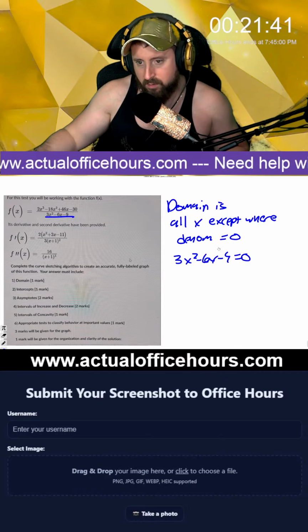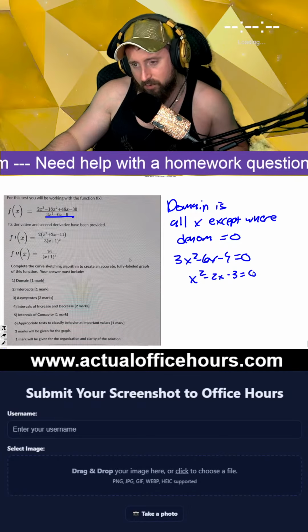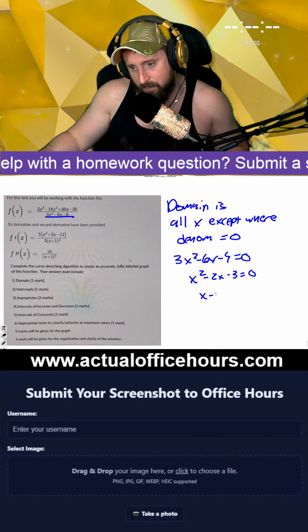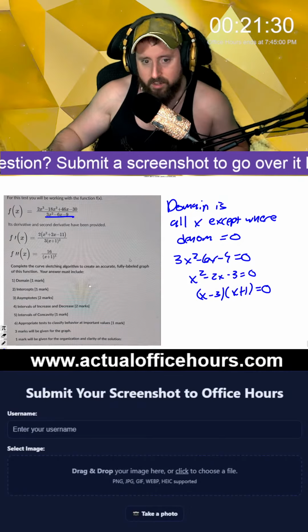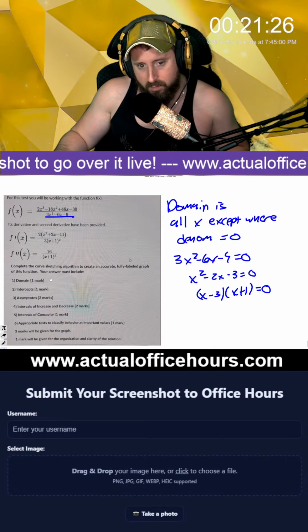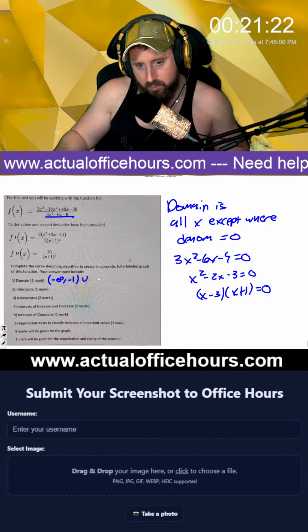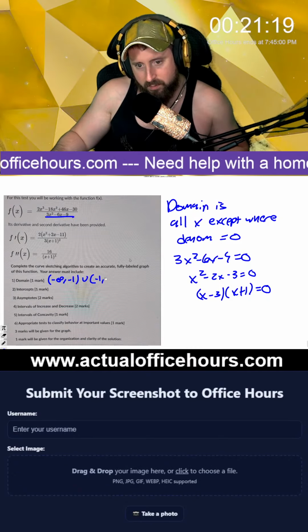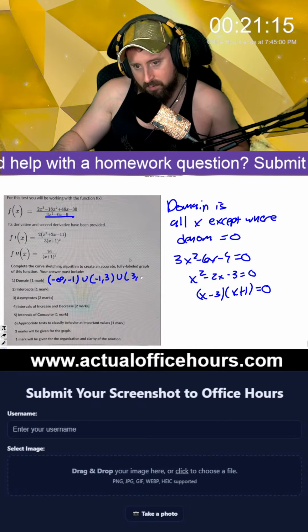You can factor out a 3, so x squared minus 2x minus 3 equal to 0. So that's going to be x minus 3, x plus 1 equal to 0. So the domain is negative infinity to negative 1 union negative 1 to 3 union 3 to infinity.